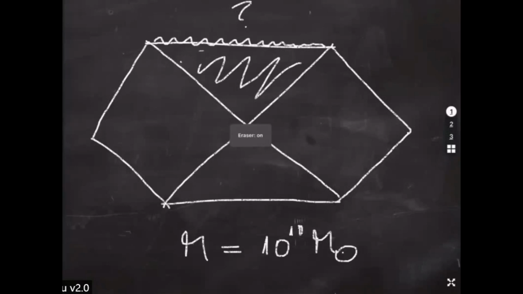Now, let me delete this, not this one, but this one here. So, if you cross the event horizon, at first, you will not notice anything. Because if you remember, lines of constant radii look like this, okay?